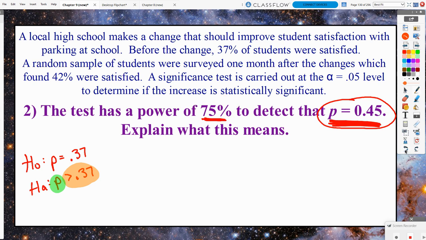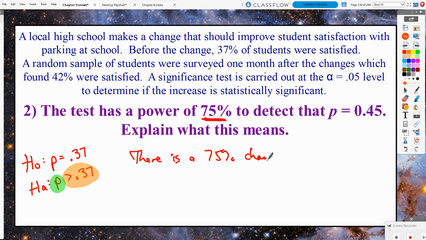All right, so now let's talk about what that 75% power really means here. There is a 75% chance. I mean, really, that's what power is. It's a probability value.